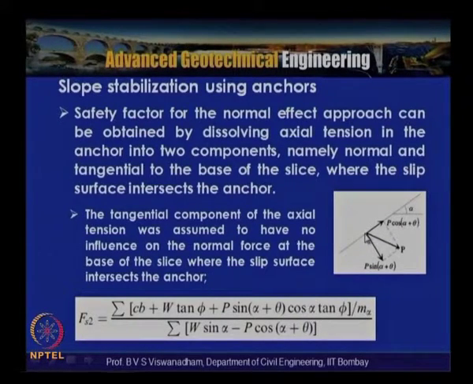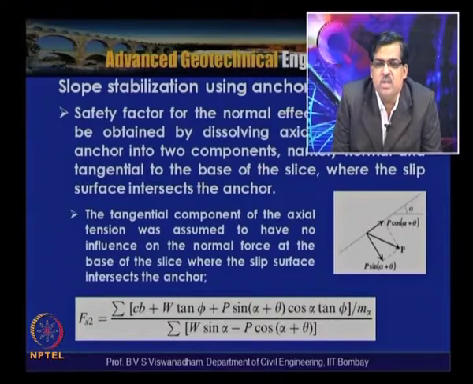At this portion we resolve the forces normal to the slip surface, that is P sin alpha plus theta, which is the normal component of P, and the tangential component is P cos alpha plus theta. The tangential component of the axial tension was assumed to have no influence on the normal force at the base of the slice where the slip surface intersects the anchor.